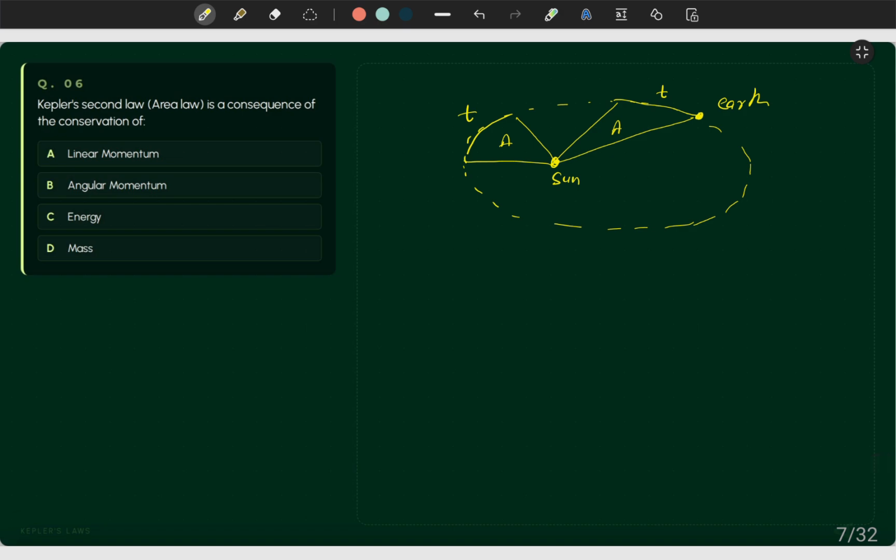And by theoretical concept, this law is a total consequence of conservation of angular momentum, which states that the object's rotational momentum always remains constant unless any external force acts on it. So the correct answer is B.